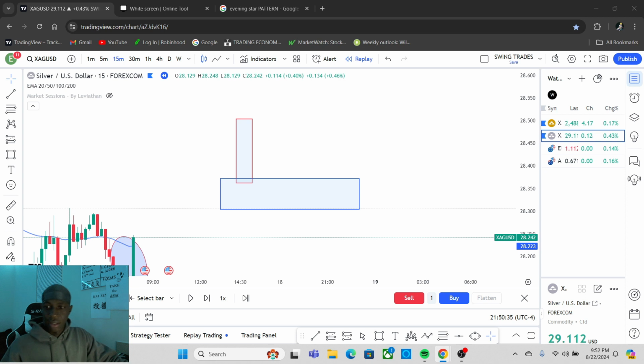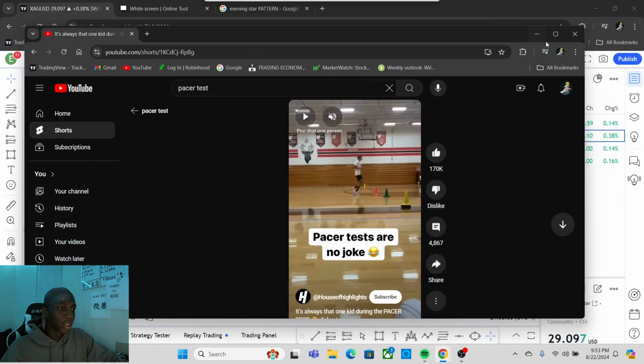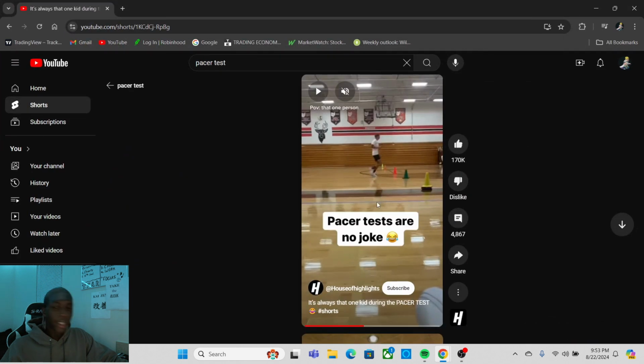I'm gonna break this down the simplest way I can. This is like a visual representation of how the candlestick works.